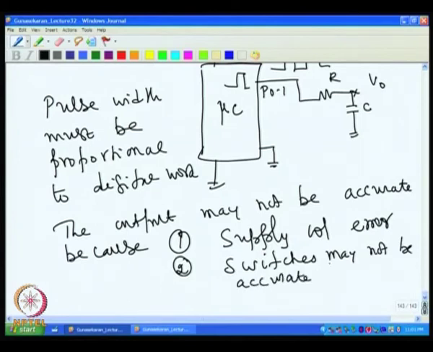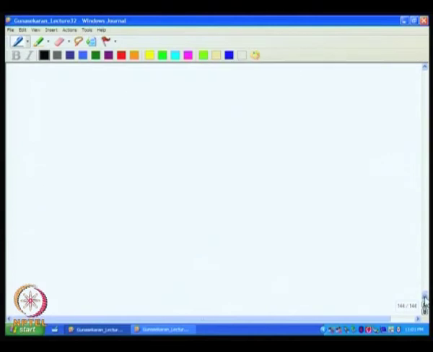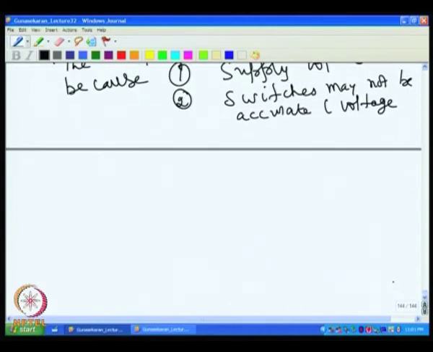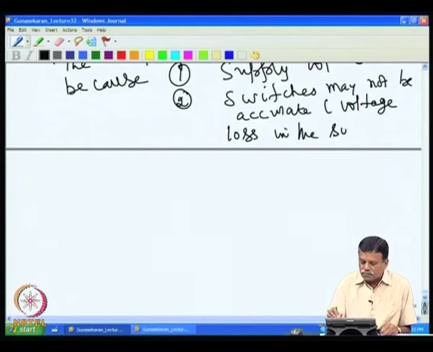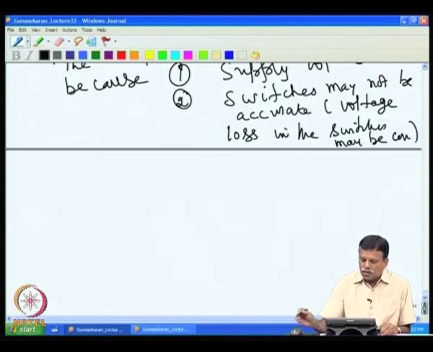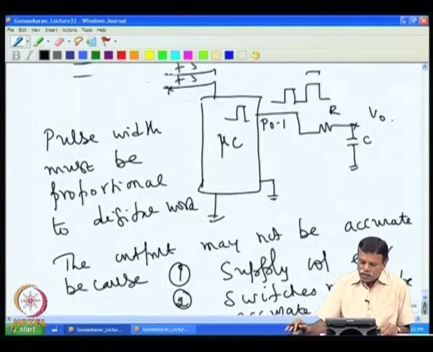There is a voltage drop on the switches. The voltage loss in the switches may be considerable. So, because of this, the output may not be accurate.